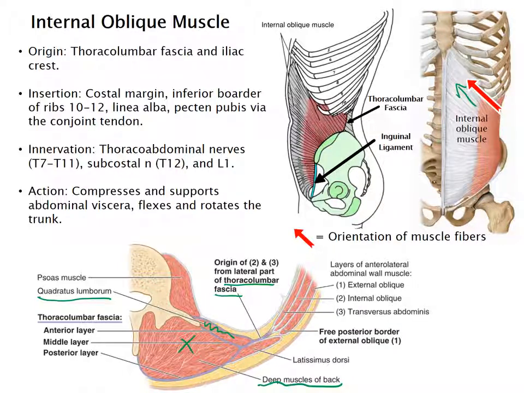Like the external oblique, the tendinous aponeuroses of the internal oblique also decussate in the midline at the linea alba. Superiorly, the internal oblique muscle attaches to the lower border of the lower three ribs, and it attaches inferiorly to both the pecten pubis as well as the conjoint tendon. We'll see better examples of these structures later on.